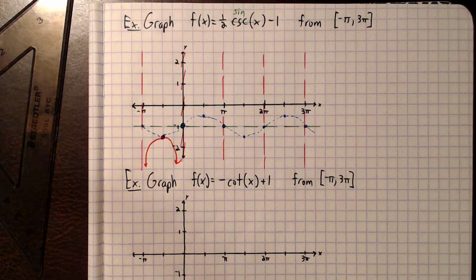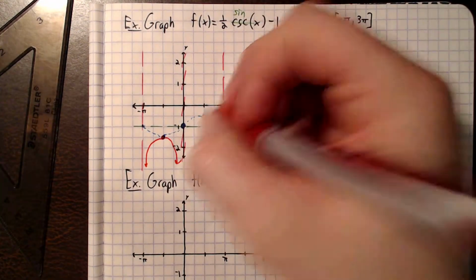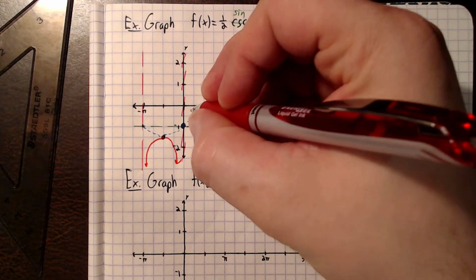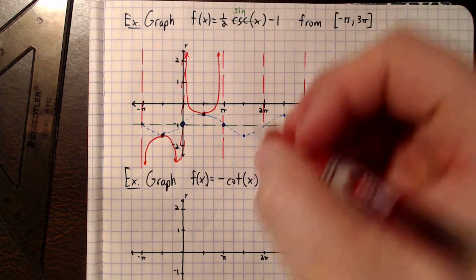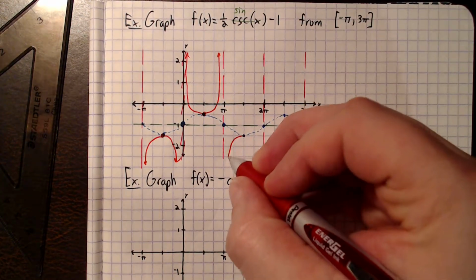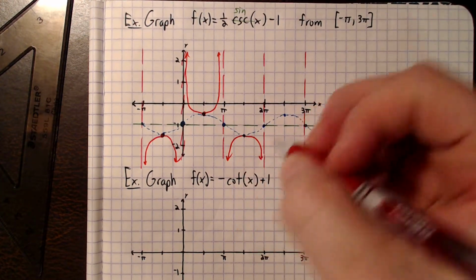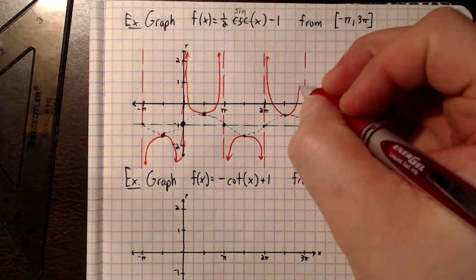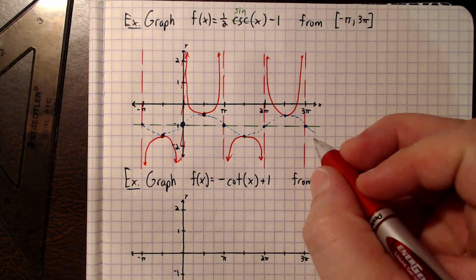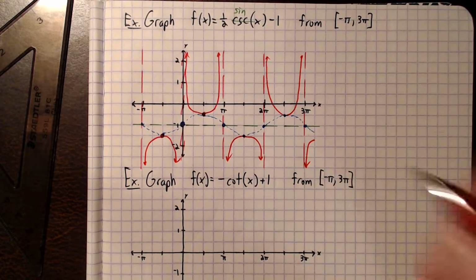So it's going to be looking like that. And then I'm going to start up here, and I need to go the other direction, so I'm going to go up, never crossing the asymptotes. And you can even imagine that you'd have a little bit coming like this too.